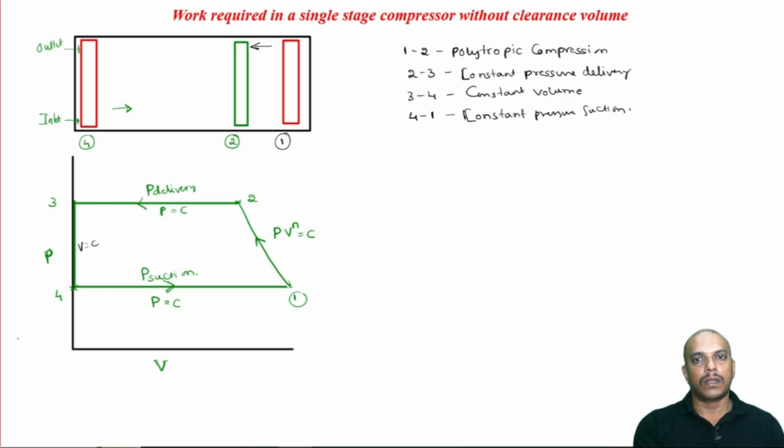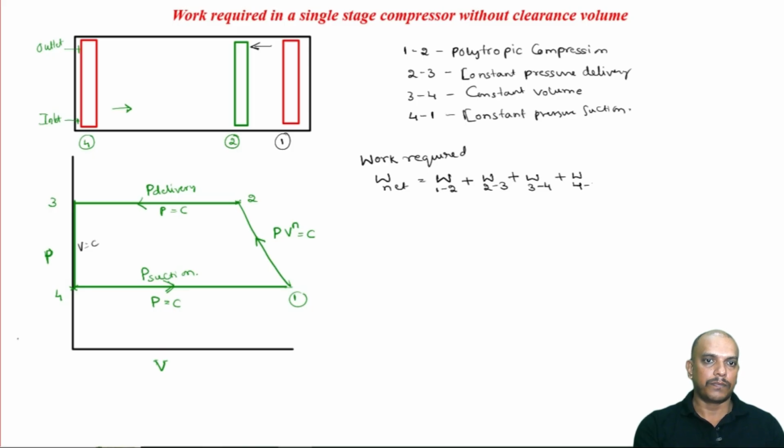So, we have drawn our single stage compressor without clearance volume, and we are interested in the work required. We have multiple processes, so the net work must be equal to W1 to 2, the work required in 1 to 2, plus W2 to 3 plus W3 to 4 plus W4 to 1.